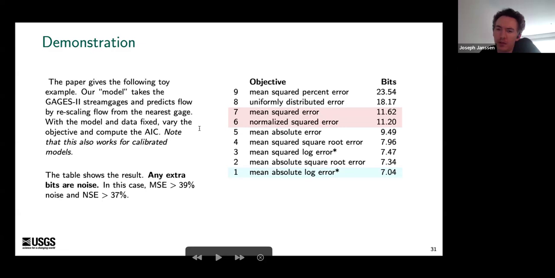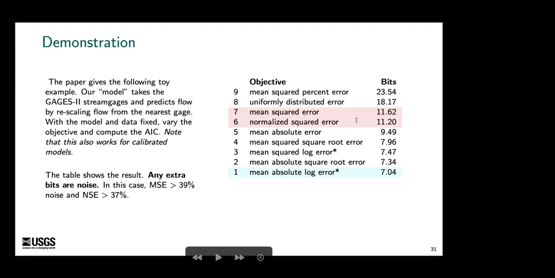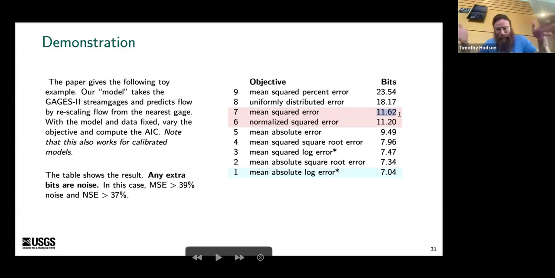For mean squared error, I'm just assuming the normal likelihood. I'm calculating the entropy and the likelihood using the normal distribution.